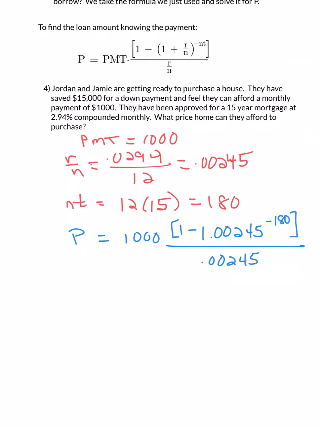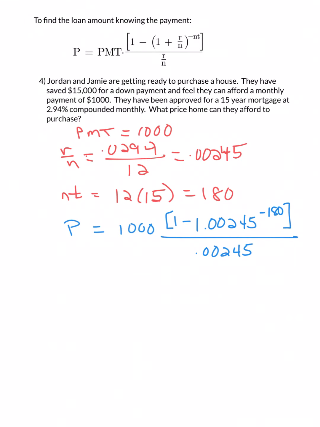Calculator wise, you're going to put in the 1,000, hit your times, open your bracket or do the parentheses on the calculator, put in the whole numerator, 1 minus 1.00245 to the negative 180.